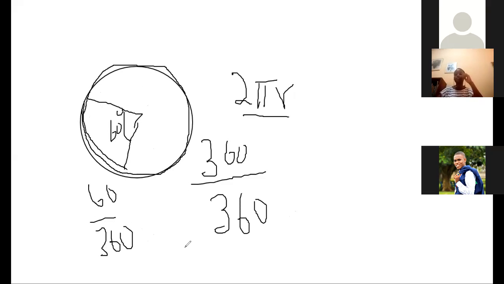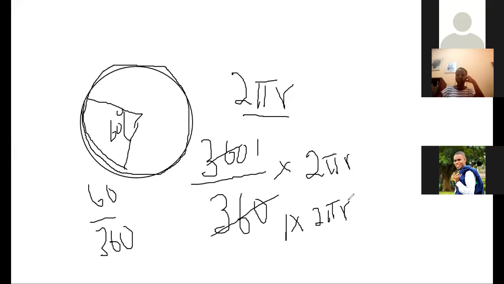Therefore, to find the circumference of the full circle, it is 360 over 360 times 2 pi r. Is that okay? This will cancel this and it will give you 1. 1 times 2 pi r is the same as what? The 2 pi r.